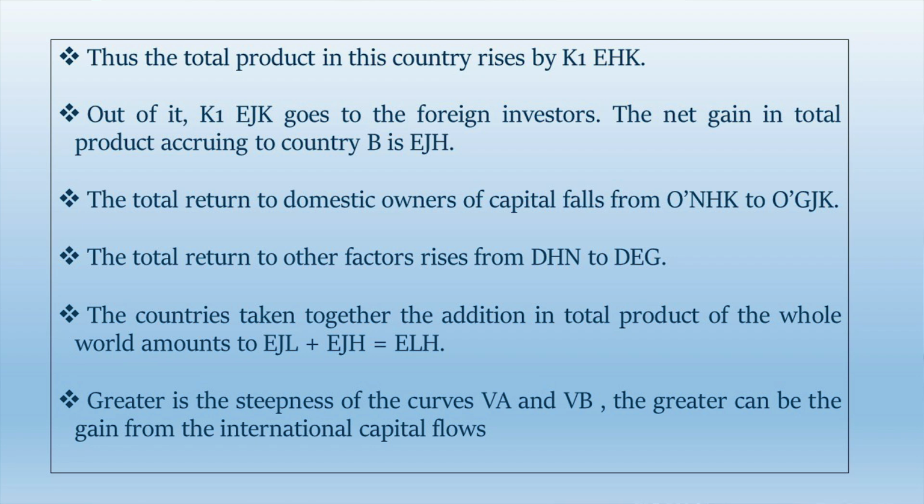So what happens if you see the curves VA and VB? The greater the steepness of the curves VA and VB, the greater can be the gain from international capital flows. That is why the slope or steepness of the curves VA and VB, as shown in figure 1, determines the relative gain of the two countries.